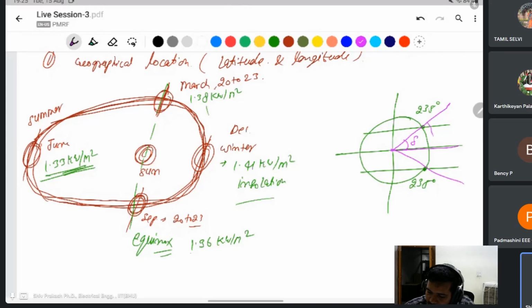It will vary from here to here, June to December. Maximum power is developed here. So this one is the equinox plane, I think, the equator.